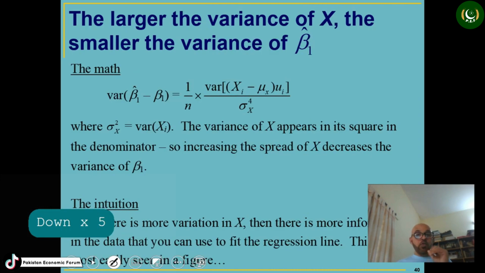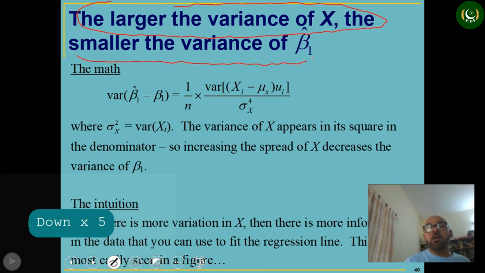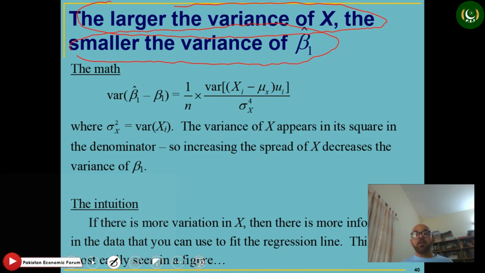Fine. Now I am going to make a very important point. The larger the variance of x, the smaller the variance of beta 1 hat. If you increase the spread in x, meaning x has sufficient variation, say you are taking people with large variation in their heights, it's easy to predict the weight.